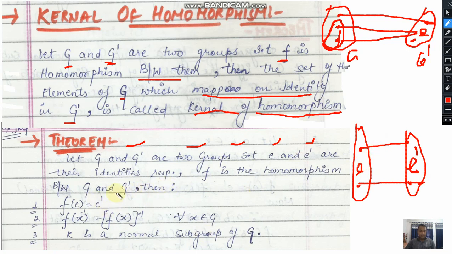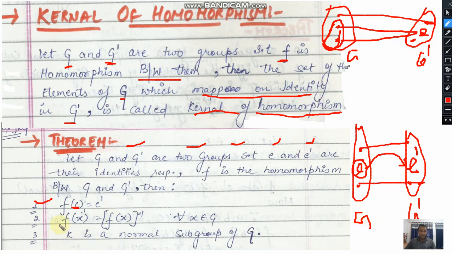Then these three results will always be satisfied. First, the mapping of identity from group G will always be mapped on the identity in G dash. It means the mapping of this identity element will be this identity element of G dash. This is the identity in G dash, while E is the identity in G.